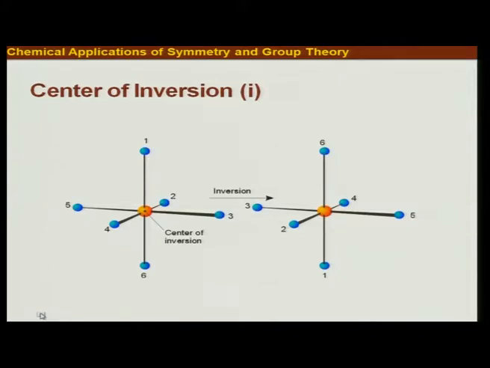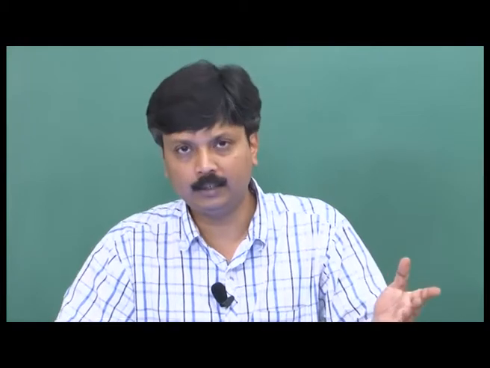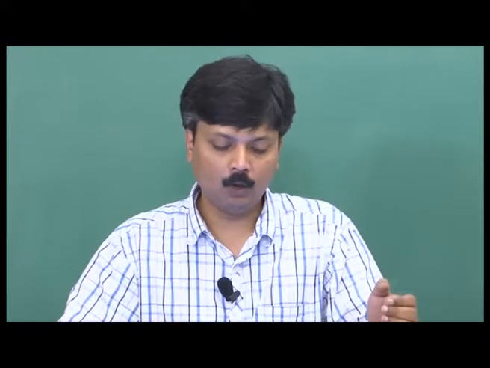Now if you consider the screen that is being played in front of you, I take another example of an octahedral molecule. You can take any transition metal complex, like Co(H2O)6, ignoring the metal charge. So this will form an octahedral complex.